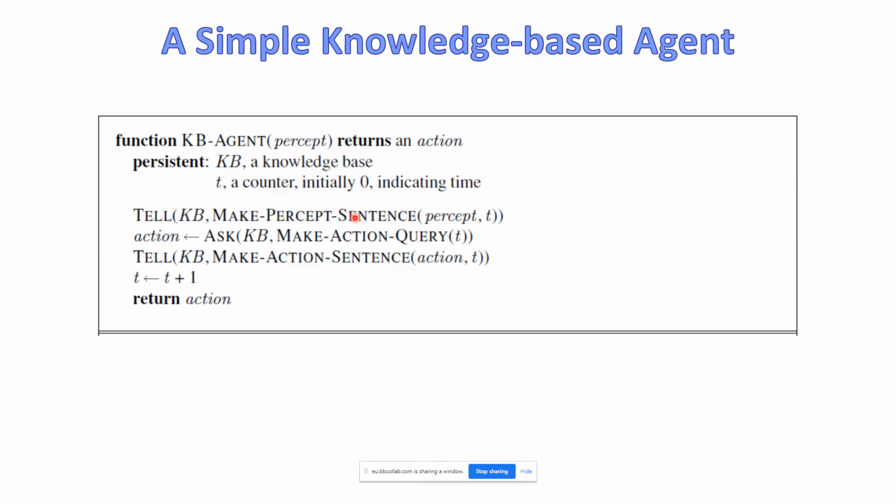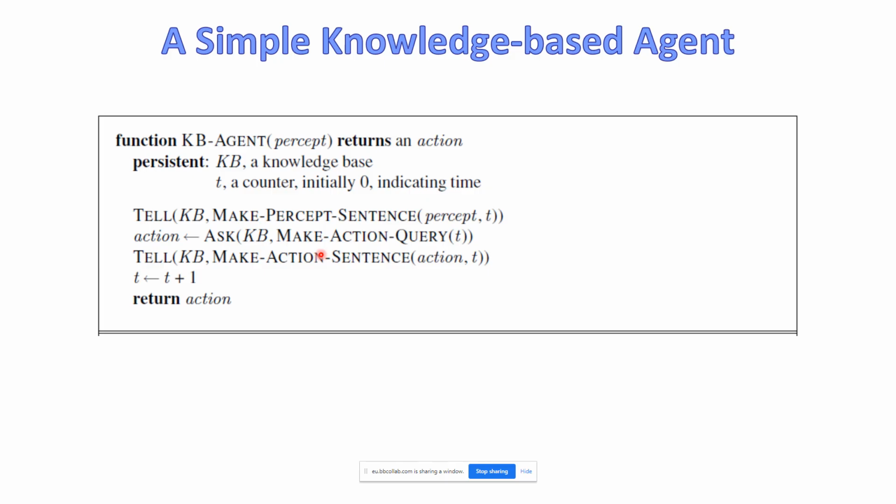The sentence will say that we got this percept at that time, because that's now knowledge that we know. That will be added to the knowledge base, and based on that we can get a good action. Then we will get an action based on what we know, and for that we'll also have to create a sentence to ask the knowledge base, something to query from the knowledge base, and based on that we'll get an action.